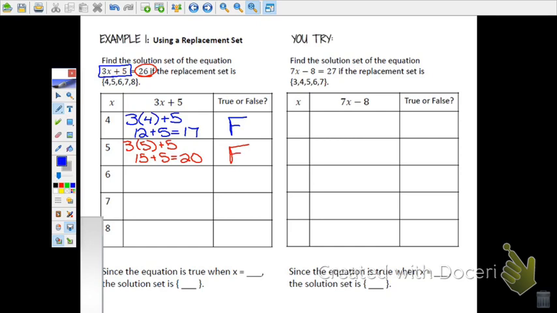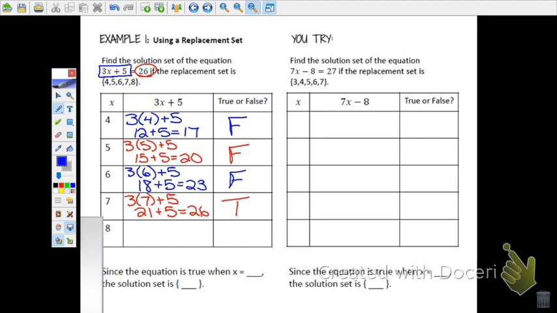We substitute 6 in place of x. 3 times 6 is 18, plus 5 is 23. Still false. 3 times 7 plus 5. 3 times 7 is 21, plus 5 is 26. So that is true.